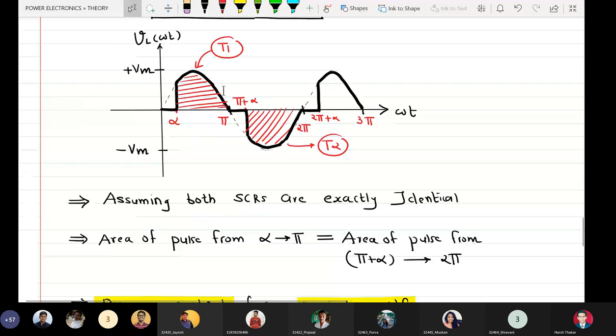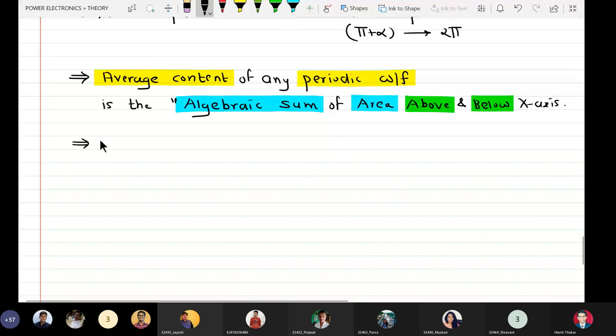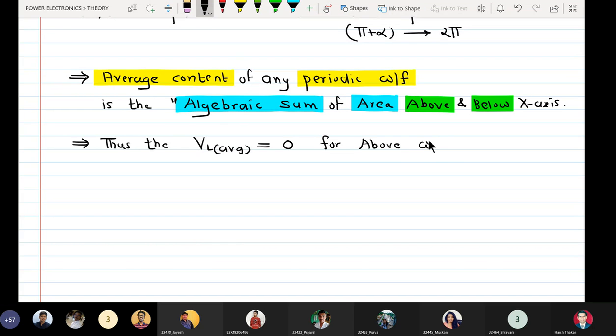That is why we can say, thus the VL AVG is equal to 0 for the above waveform. But the RMS content will not be 0.